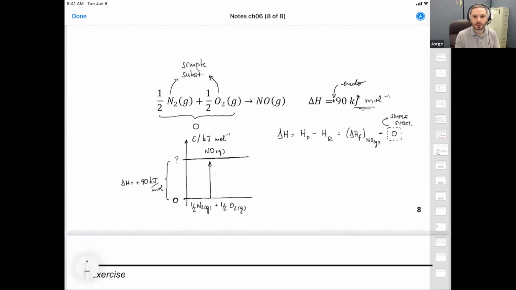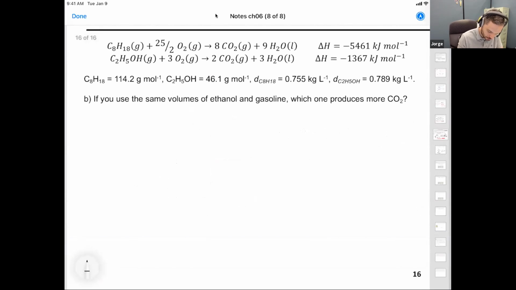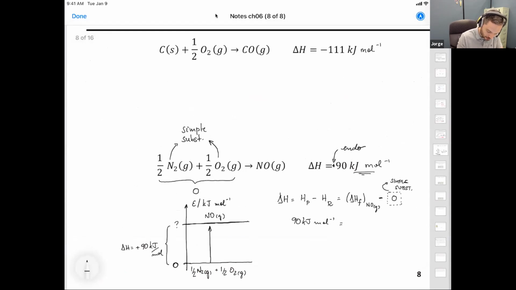Okay, so now let's replace all the numbers that we have here. We have the delta H of the reaction, which is 90 kilojoules per mole. And the only thing that's left on the right side of the reaction is the enthalpy of formation for nitrogen monoxide gas. So you don't have to do any other operation.